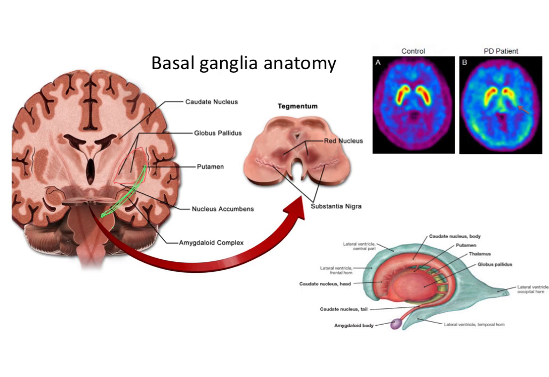So this is the nigrostriatal pathway that goes from the substantia nigra up to the putamen and the caudate. So these are the most fundamental parts of the basal ganglia.